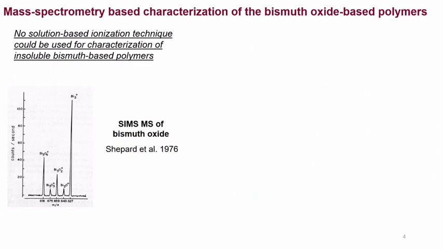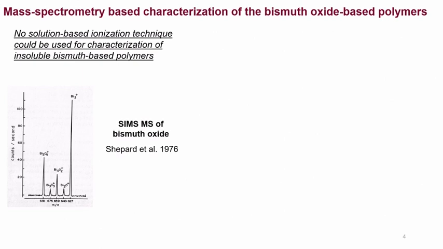From the mass spectrometry point of view, the main problem with these compounds is that, as they are insoluble in various solutions, it's very difficult to use different ionization methods that are mostly used for solutions. Only those that can work with compounds that can be ionized from the surface are suitable for characterization.